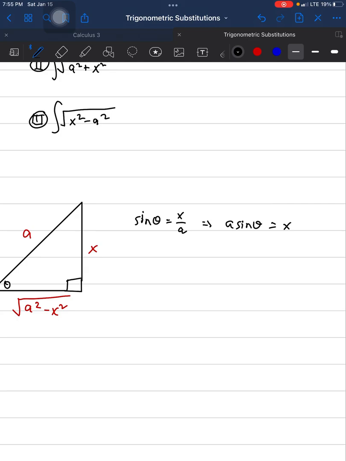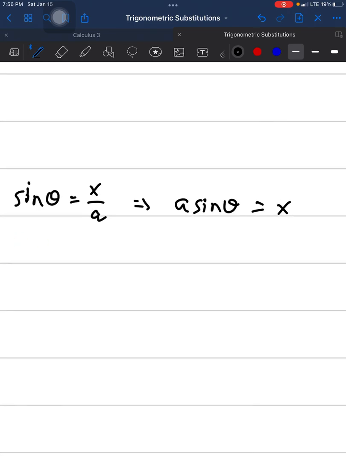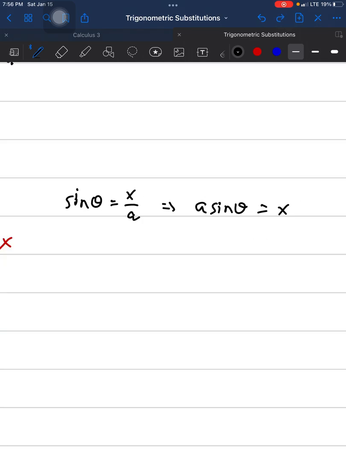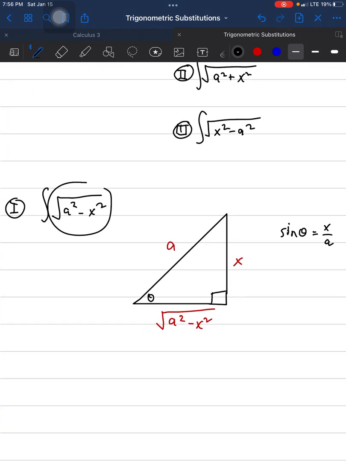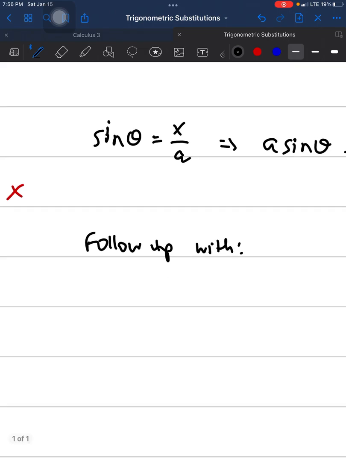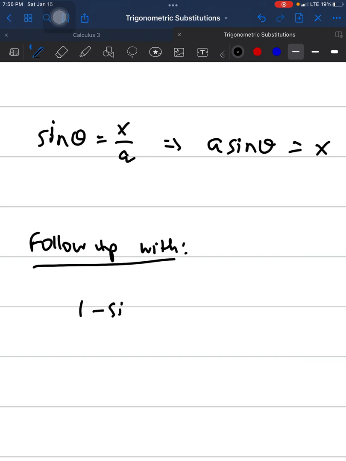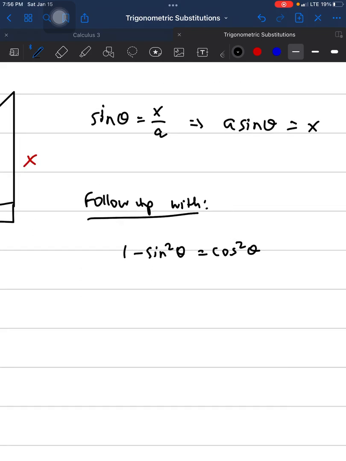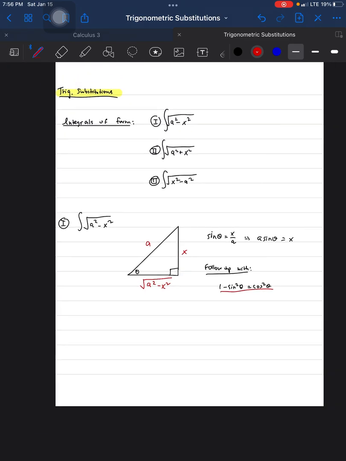Once we get up to this point, we can substitute this in for x in the original integral. And then we can follow up with the Pythagorean identity, 1 minus sine squared theta is equal to cosine squared theta.